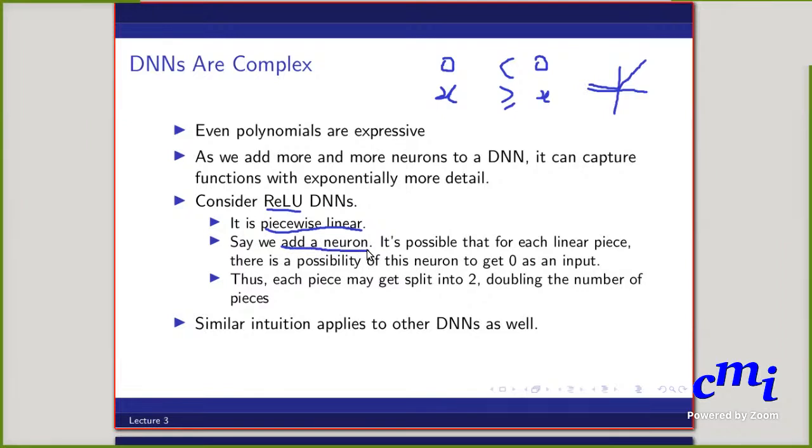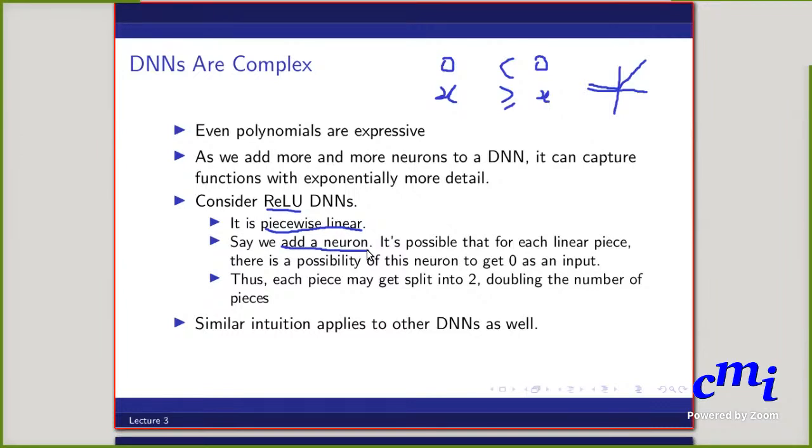What is the worst case scenario that is going to happen if we add a neuron? Previously my neural network is itself a piecewise linear neural network. Now, when we are adding a neuron, it is possible that for each linear piece in the piecewise linear neural network, this particular new neuron can see both negative and positive values within this piece, right?